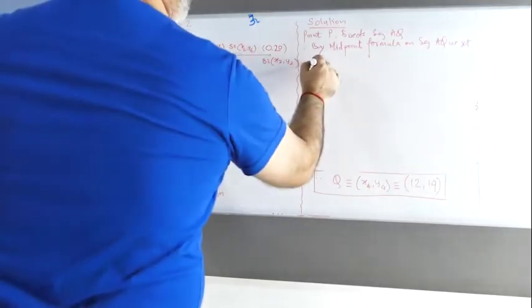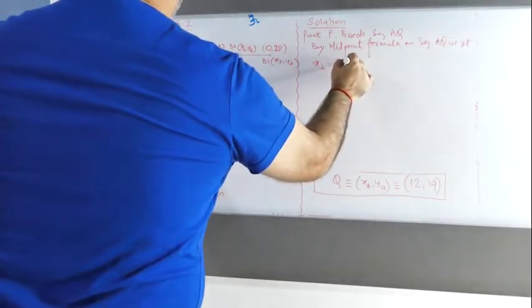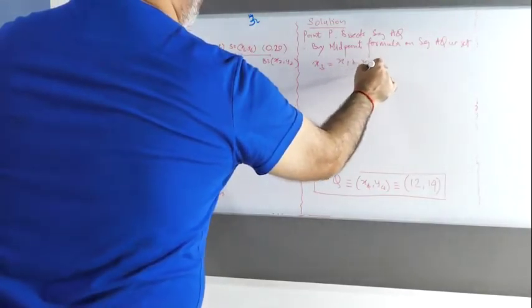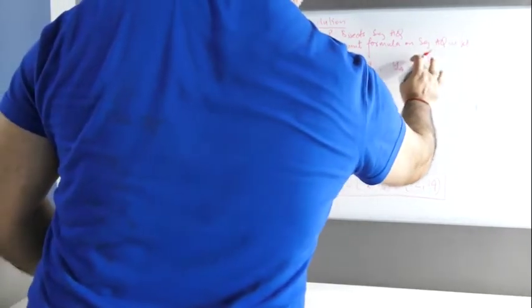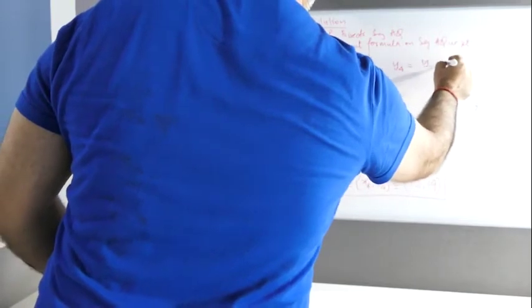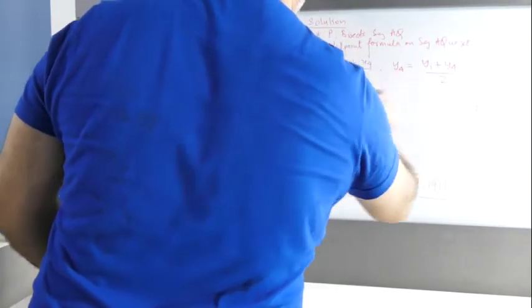What do we get? The midpoint is x3 equals (x1 plus x4) upon 2, and similarly y3 equals (y1 plus y4) upon 2.